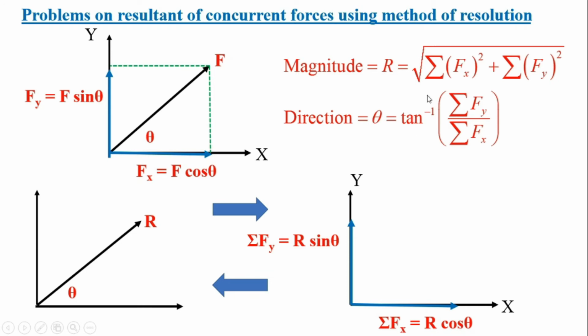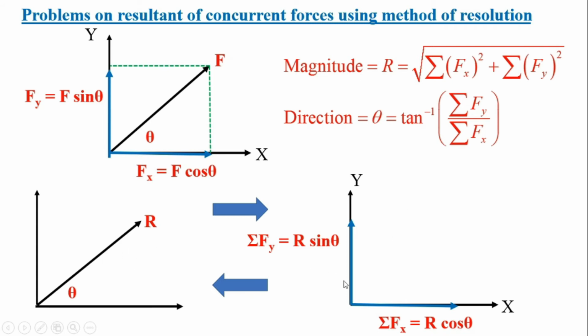So, this you should write in mod, means without considering the plus minus sign of summation Fy and summation Fx. In this way, the resultant of concurrent forces can be obtained in magnitude and direction.